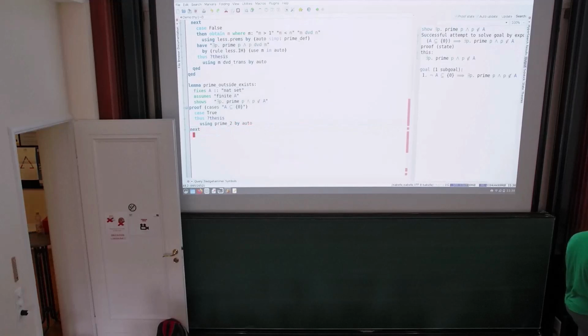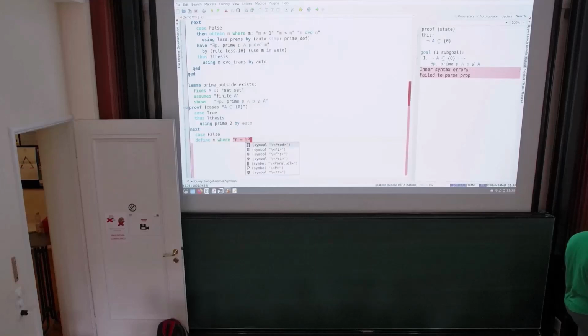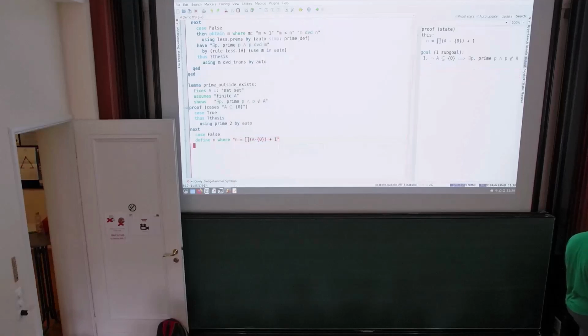So you just feed that to auto and you're done. And if there is something that isn't 0, then I define n as the product of all the numbers in A minus 0, plus 1. Then we know that n is greater than 1.